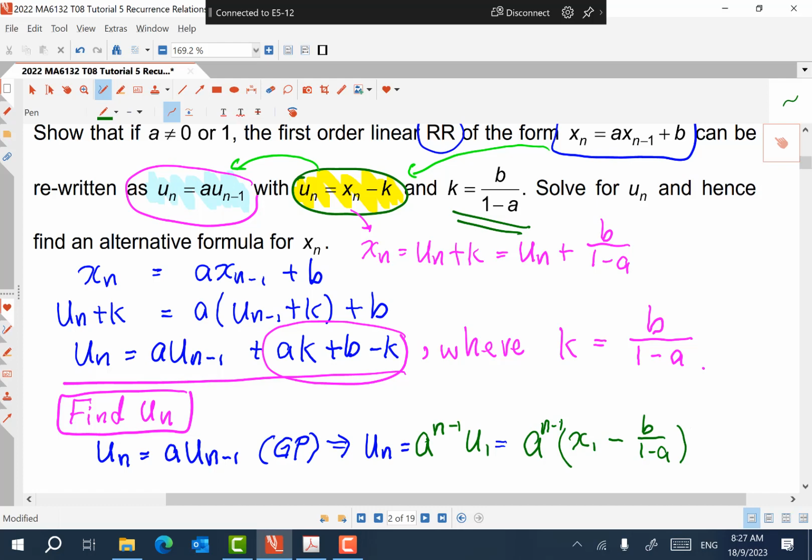So now how to finish up the question? To finish up the question, I can then rewrite this thing here.